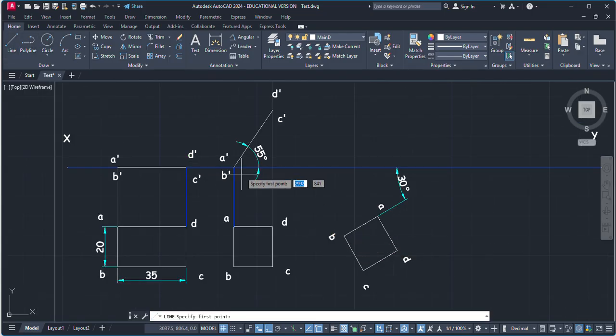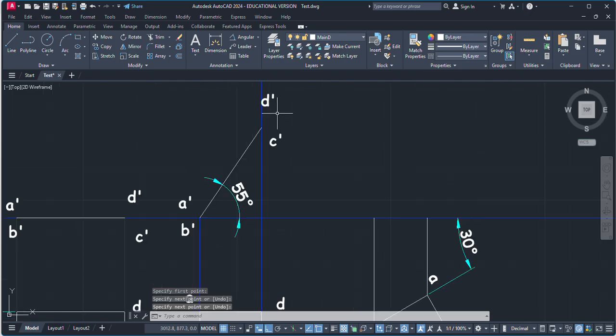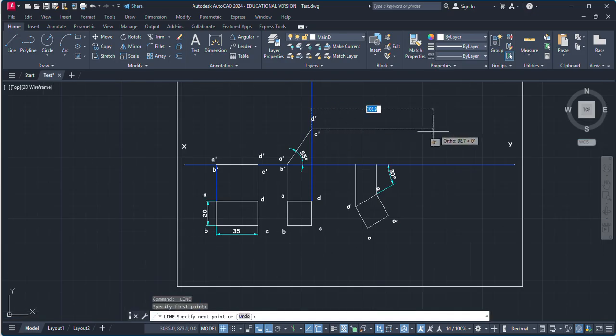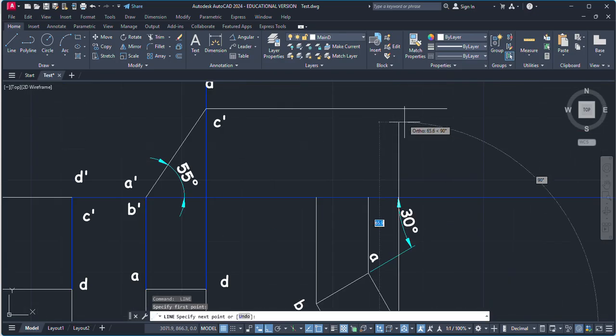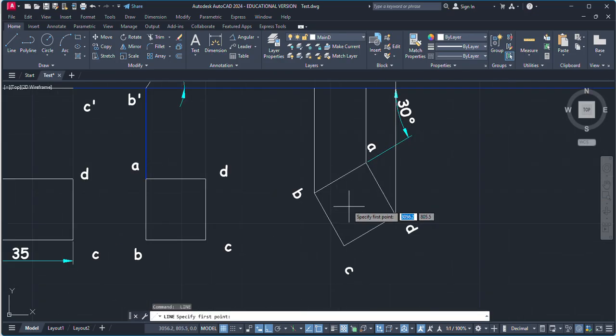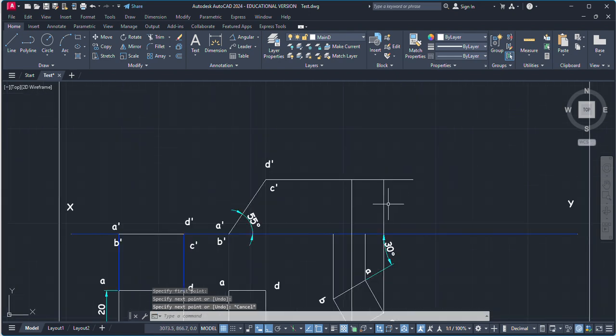So A dash and B dash will lie on the reference line. This is B dash. This is A dash. And C dash, D dash will lie on this horizontal line. Just connect these points.